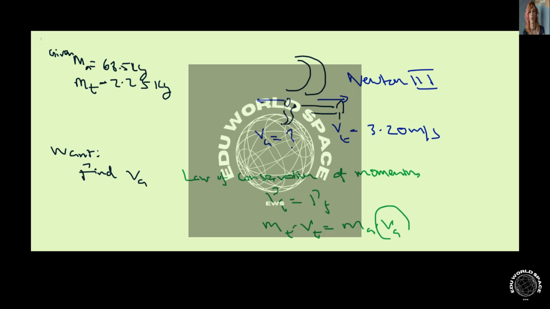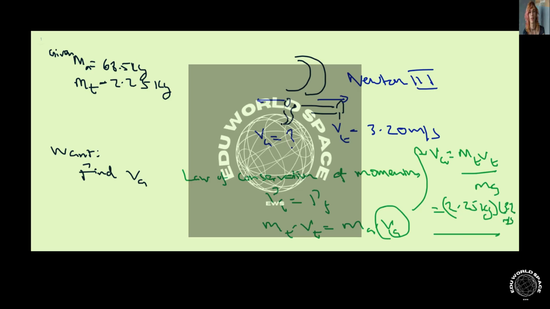We want to solve for the velocity of the astronaut, and that gives us VA equals MT VT over MA. We plug in the numbers. The mass of the tool is 2.25 kilograms, and the velocity of the tool is 3.2 meters per second.